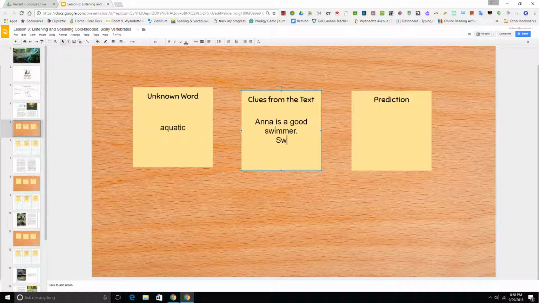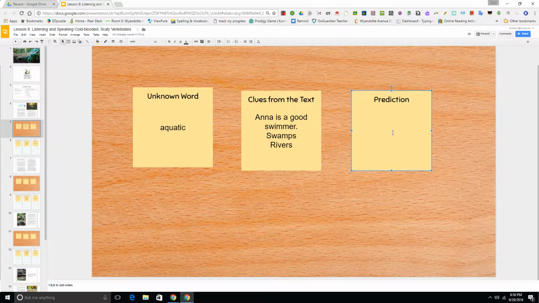So there were swamps, rivers. So I've got 3 clues here as to what aquatic means. I'm trying to figure out what aquatic means. My clues are Anna is a good swimmer, swamps, and rivers. Well, here's my prediction. I think aquatic must have to do with water. That's a good enough prediction for now.